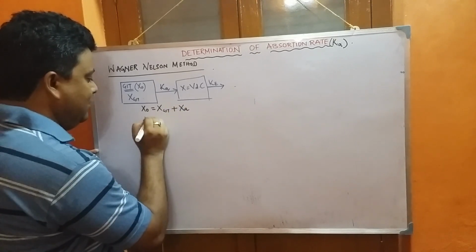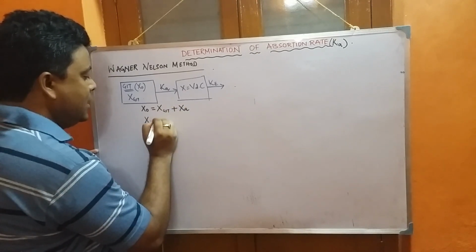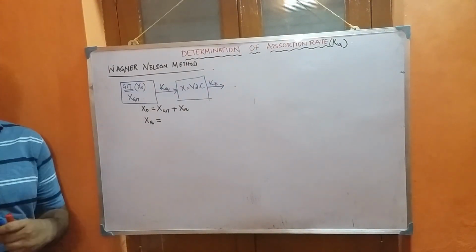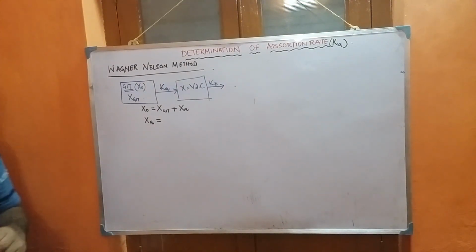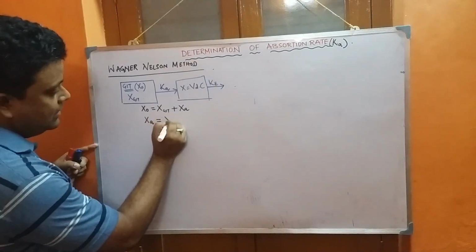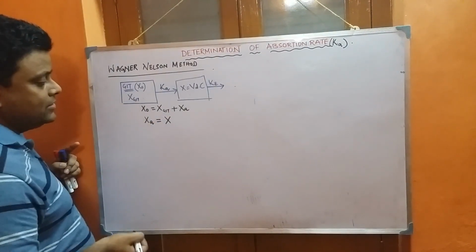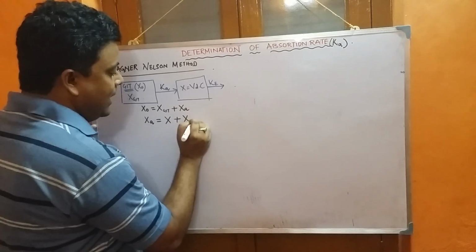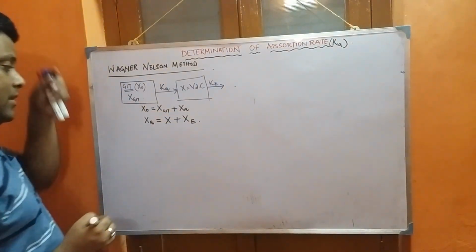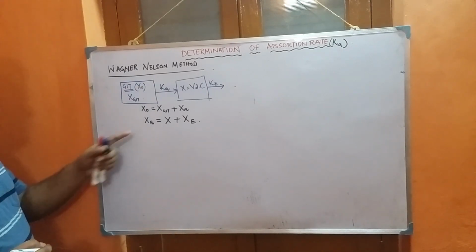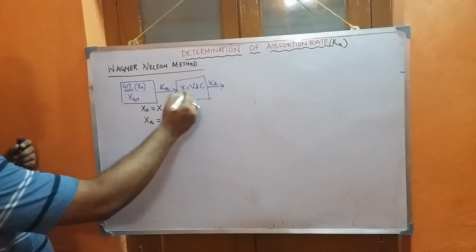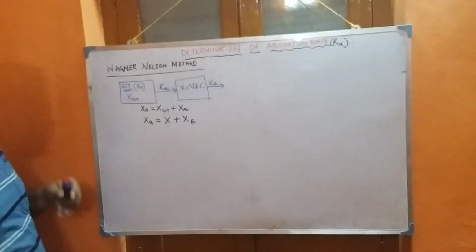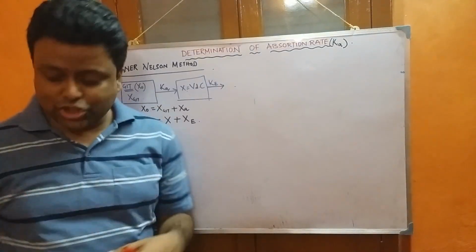XA, the absorbed amount, reflects the amount of the drug which is present in the plasma concentration and the amount which is undergoing elimination. Okay, it is a general assumption.